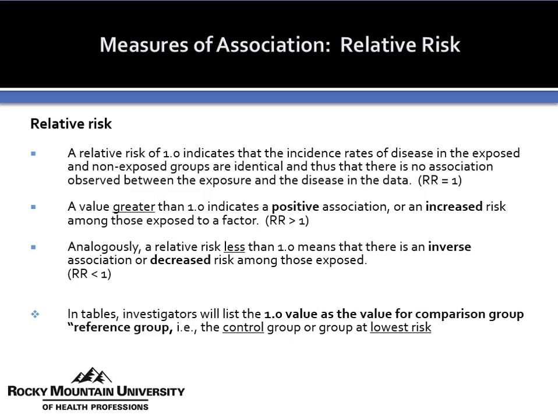So let's say it's 2.5. That means individuals who have risk factor X are 2.5 times more likely to experience a disease or injury than those in the reference group.